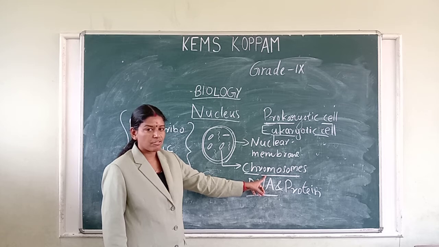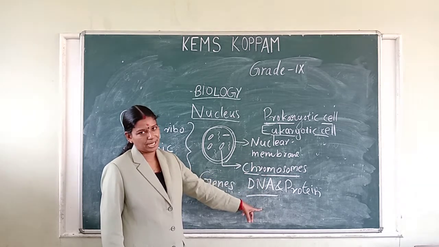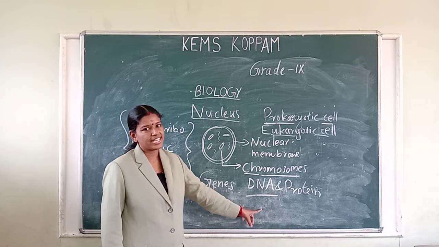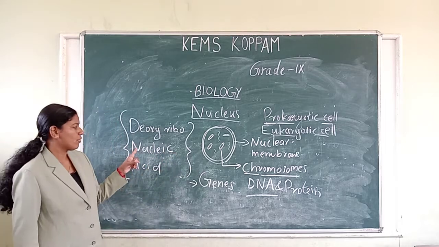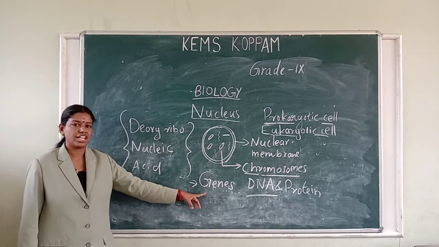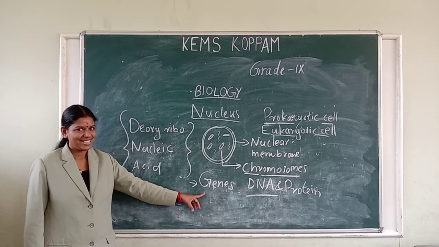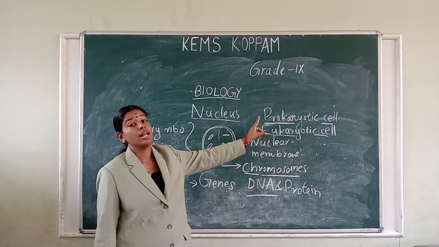Chromosomes are responsible for the inheritance of traits from parents to the next generation. These inherited characters are in the form of DNA, deoxyribonucleic acid. This DNA contains functional units called genes. Then I told about eukaryotic and prokaryotic cells.